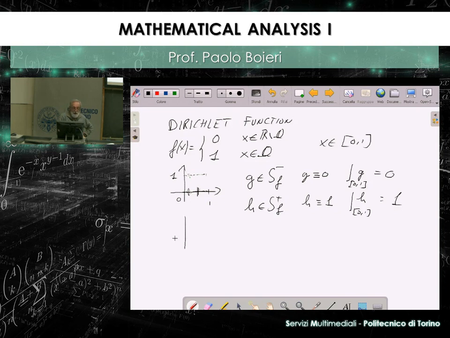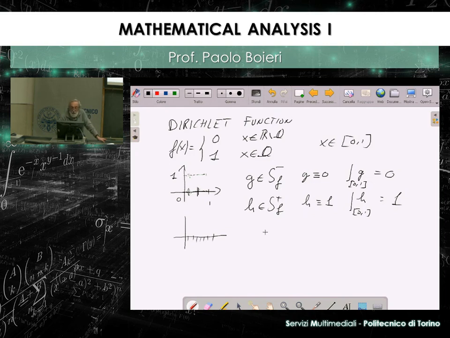Now the question is, what happens if I choose another partition with many more points? What changes? Absolutely nothing. Because in each subinterval, what do you find? You find points where the function is 0, points where the function is 1. Okay?